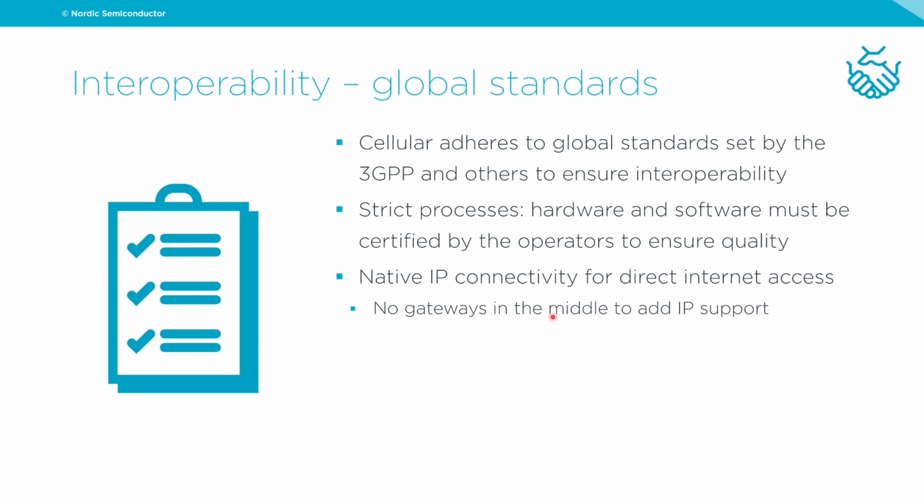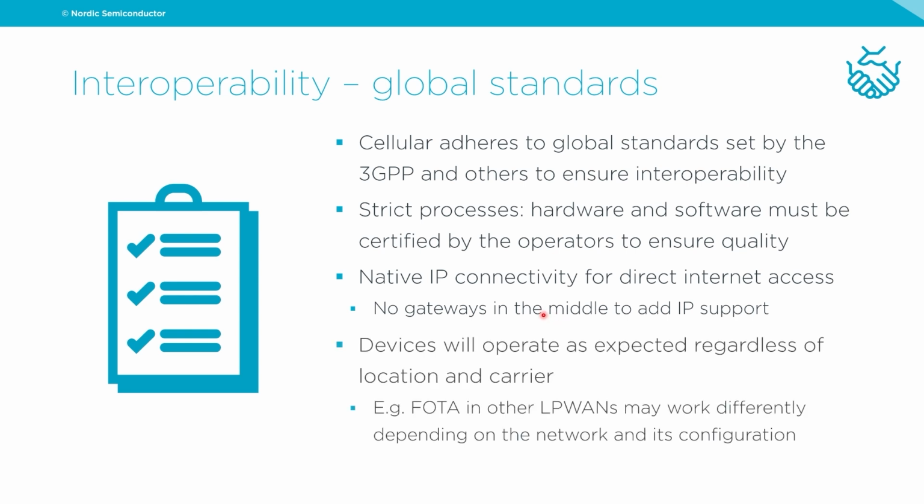But in the case of cellular, building on top of the security that has always been there, you have this direct connection, so you can do direct IP support. And this gives you predictability that your devices will operate as you expect them to, regardless of what location you are in the world or what carrier you're using.